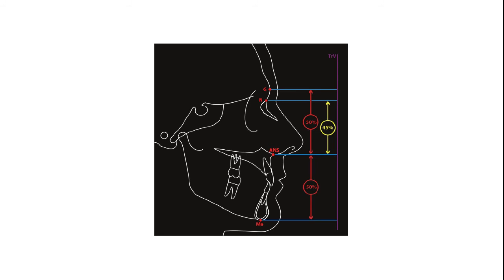The lower anterior facial height, LAFH, is measured from the projection of the ANS to that of menton. The proportional relationship of MAFH to LAFH is approximately 45 to 55%. This proportional relationship is more important than any absolute measurement.